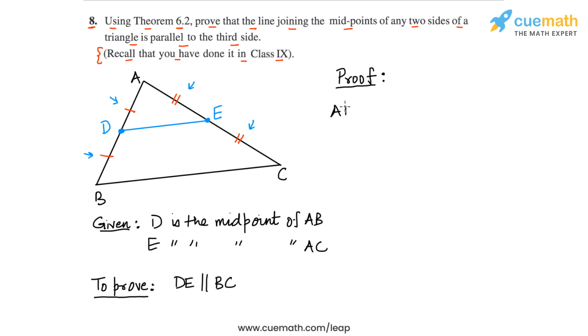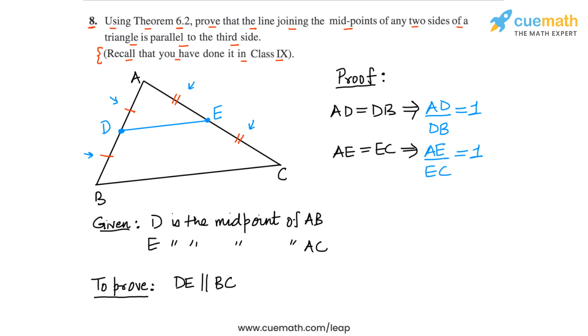So AD is equal to DB because D is the midpoint, and this means that the ratio AD by DB is equal to 1. Correct? Similarly, AE is equal to EC because E is the midpoint of AC, and this means that AE by EC is equal to 1. So if you look at these two ratios now, AD by DB and AE by EC, we find that both of them are equal.